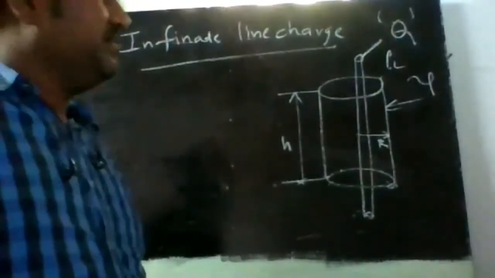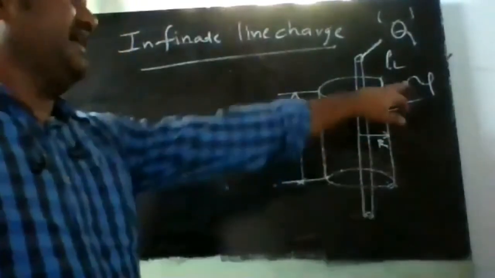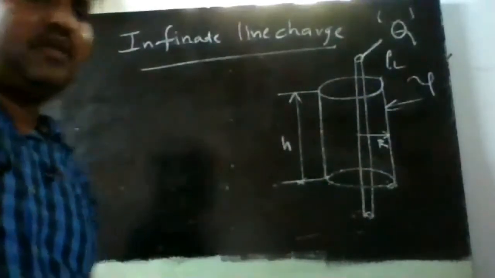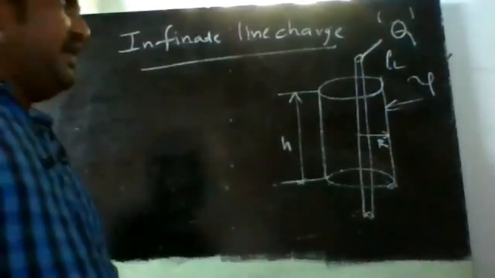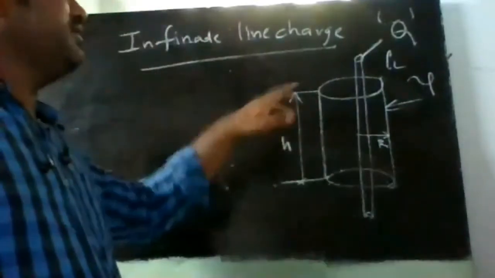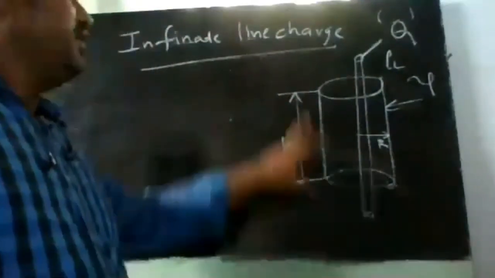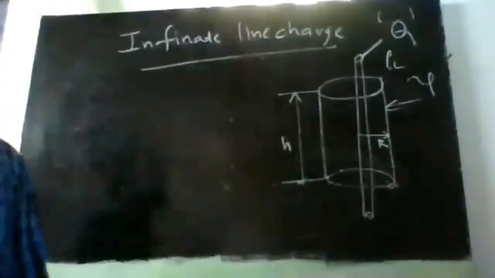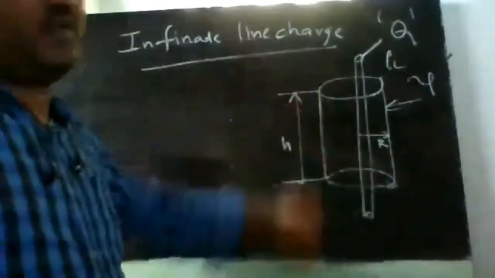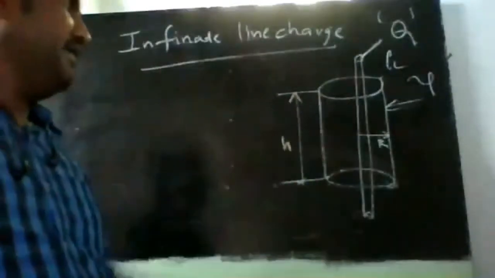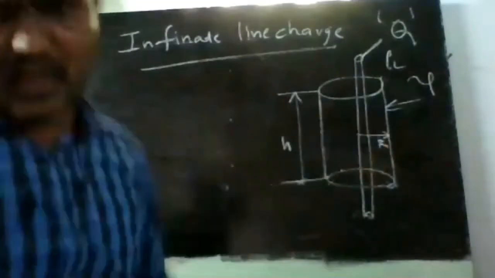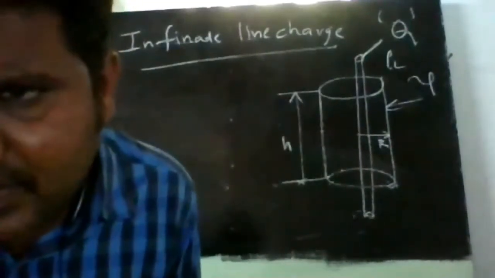And psi is the flux that is coming out of this material. Now if I take the Gaussian surface that matches with the symmetry of this line charge, it will be a cylinder. So I'm considering a cylinder. The height of the cylinder is h and the radius of the cylinder is r.